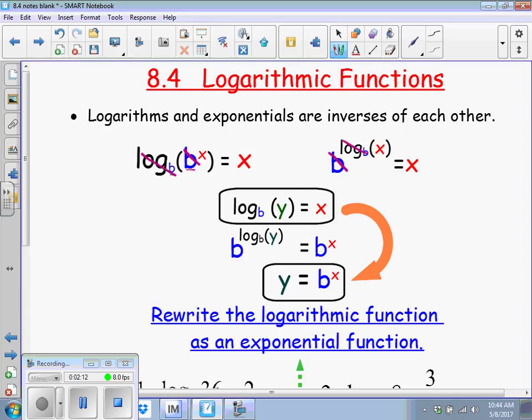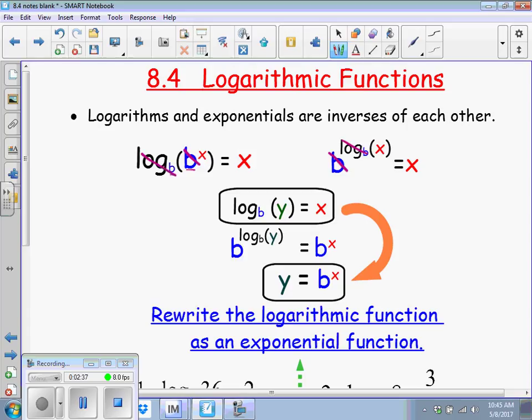This section right here is explaining how we get from here to here. Log base b of y equals x is the same thing as y equals b to the x. Those two are interchangeable. This is showing you how they did that. If I do something to one side of the equal sign, I have to do it to the other.